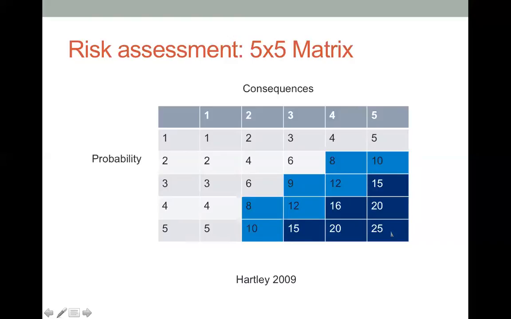Now, similar to the previous slide, if you look at this, we have 3 regions in here. Risk levels that fall somewhere between 1 to 6, we normally consider as low, so we would allow the normal procedure at the workplace to action it.